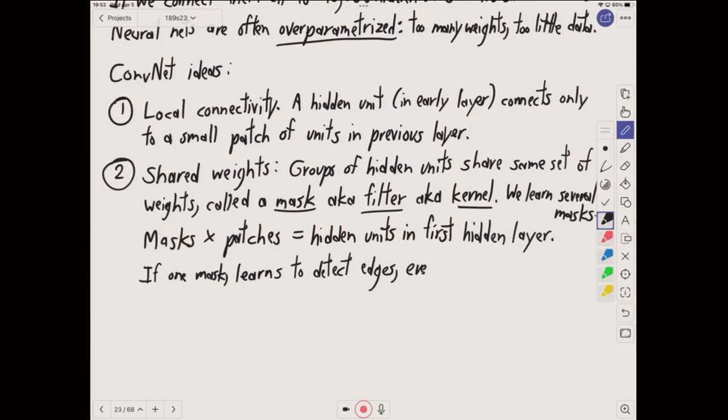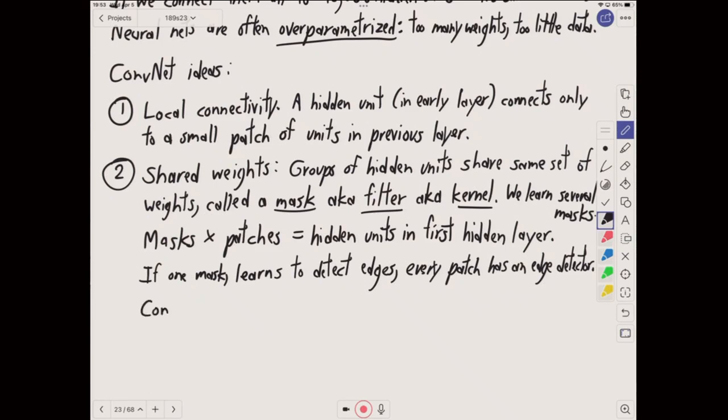In other words, every patch has an edge detector. So you're not just learning the edge detector in one spot, you're learning it everywhere, because the mask that recognizes edges is applied all over the image to every patch.